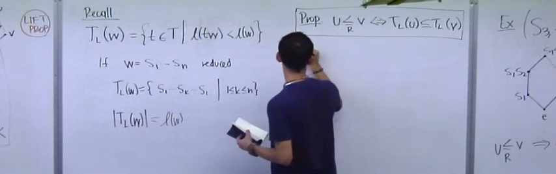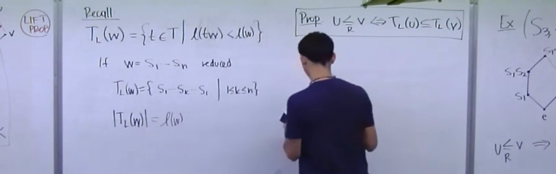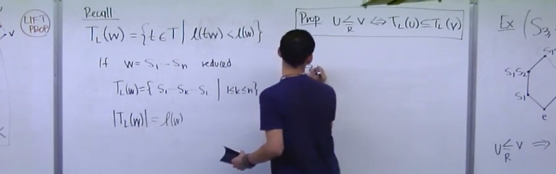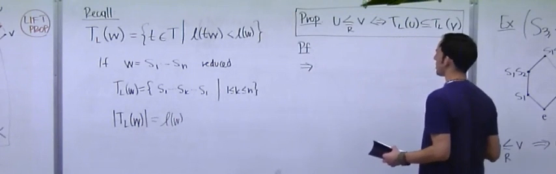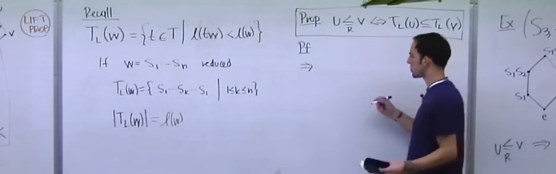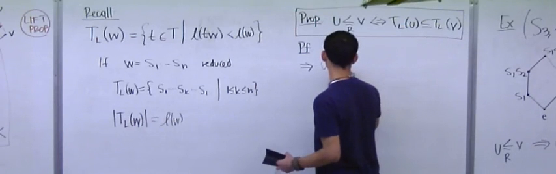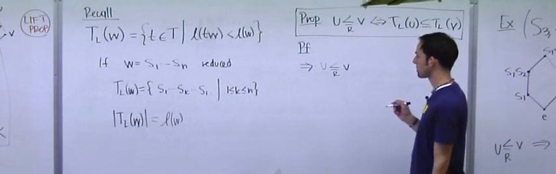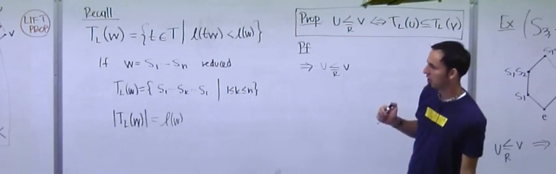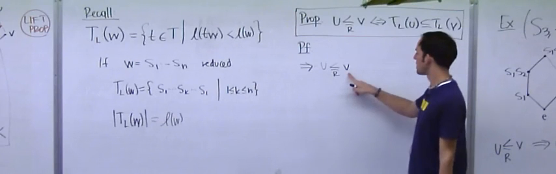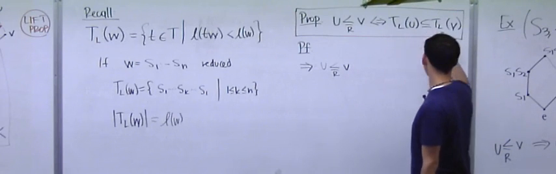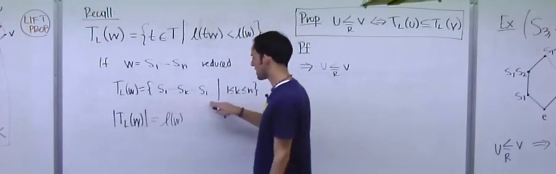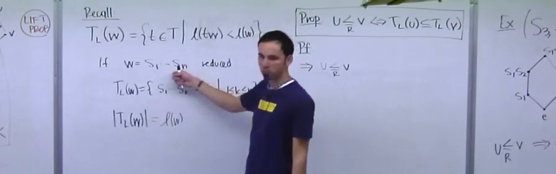So let's go ahead and prove this. Let's go first in this direction. Let's assume that U is less than or equal to V. Well, we want to talk about these sets, and a nice way of describing these sets explicitly is by working with a reduced word.